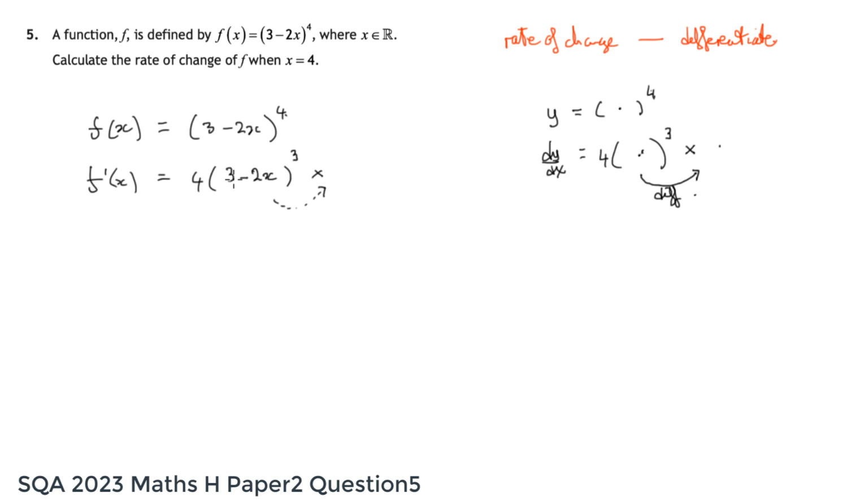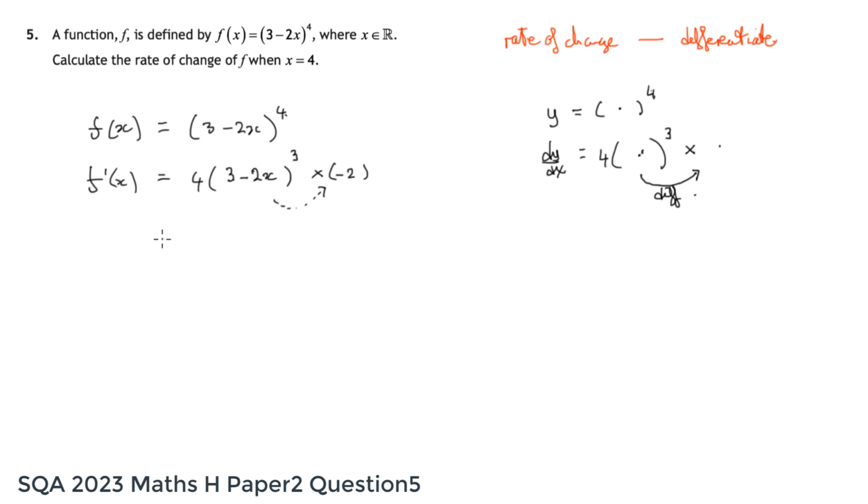So the 3 disappears, a number times x, just the number remains. So the adjustment in this case is times -2. So that's our chain rule. Normal power rule times an adjustment which comes from differentiating the thing that isn't an x, the thing that's pretending to be an x, if you like.